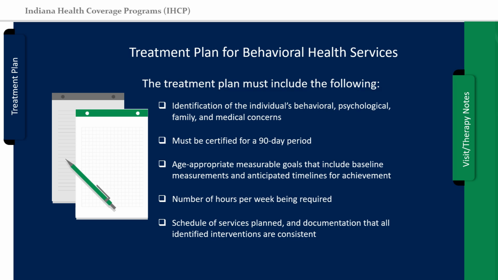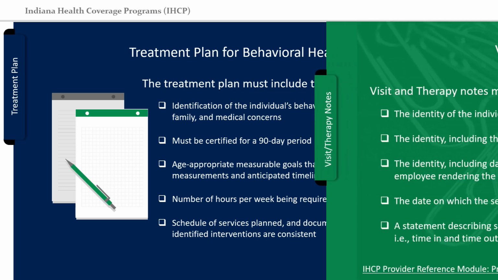The plan should include the number of hours per week being requested, with justification and supporting documentation for the specific number of hours based on the individual's needs, such as considering the individual's age, school attendance requirements, and other daily activities. Ensure that the plan includes a clear schedule of services planned and documentation that all identified interventions are consistent.